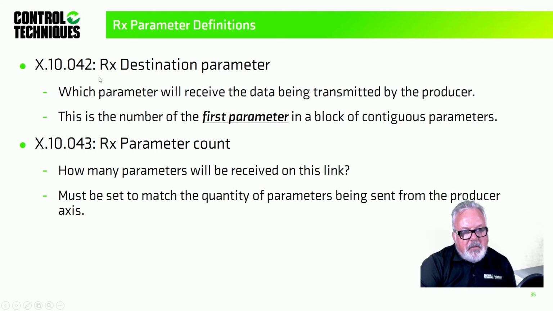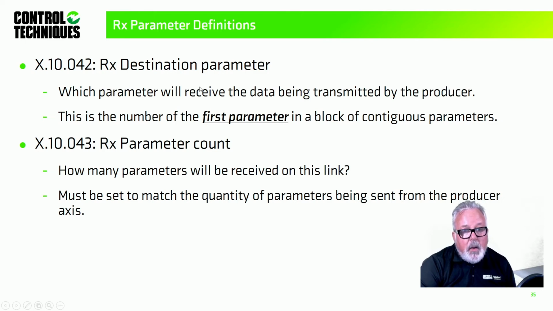Now, because we're the receiver, this parameter 42 in menu 10 is saying, well, what am I going to do with that? Where am I going to store that parameter that's being sent? So here you're going to flag the first parameter.